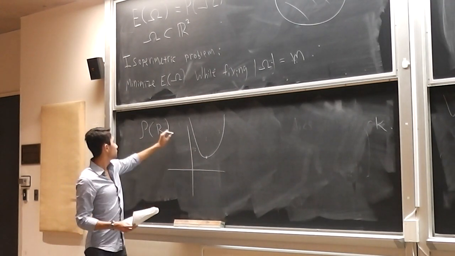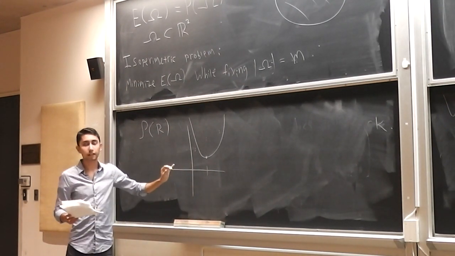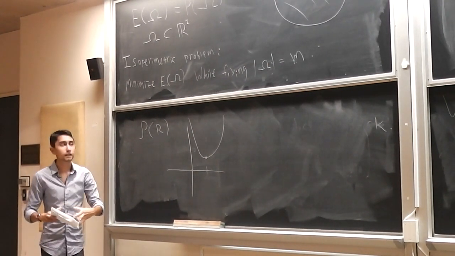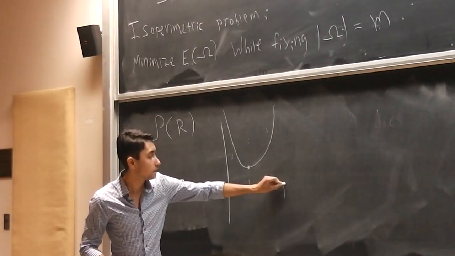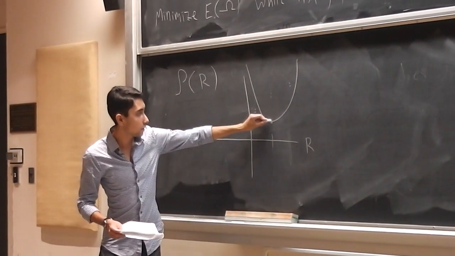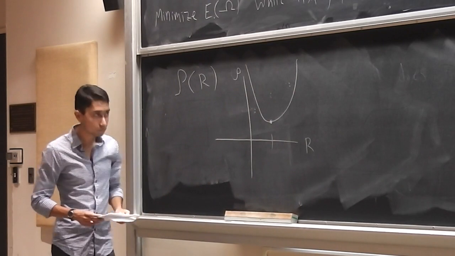So this is rho of r, for alpha fixed. For alpha fixed, we can vary the size of the ball, and we get different energy densities. So this is r. It turns out that there's a certain value of r for which this rho is minimized.